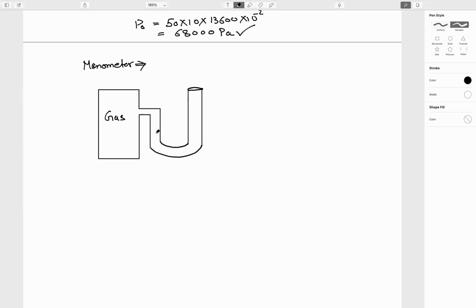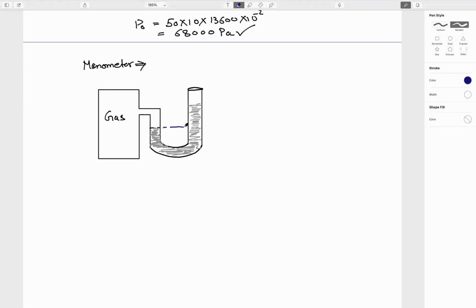Let's say there is a fluid, let's say mercury, inside this, and because it is connected to a gas, there is some rise in the fluid. If it's a vacuum, then these levels are the same because pressure will be zero. So that is a gas here.